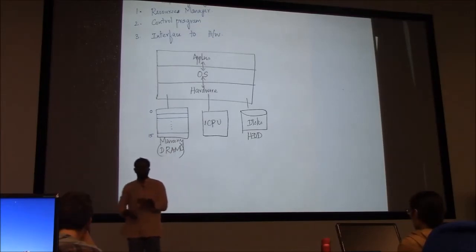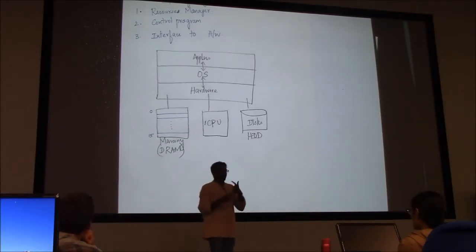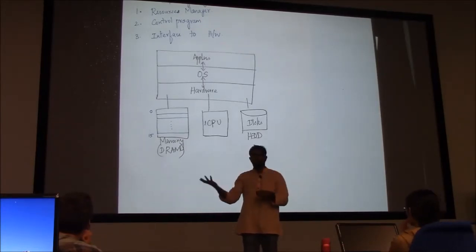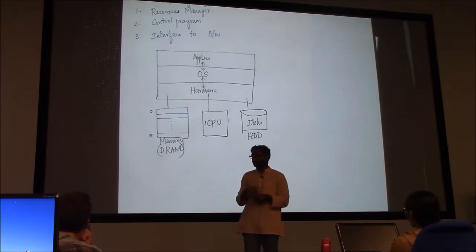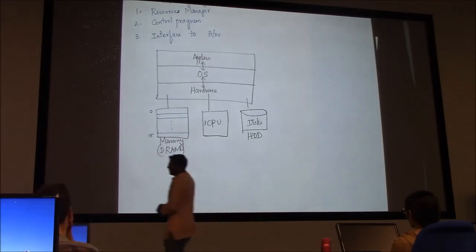If there are 3 applications running on this computer, how is it possible for them to use the same main memory without overwriting parts of the memory that other applications are using? To answer this question, again, we need the help of the operating system to make sure that no application overwrites the memory locations that some other application is using.